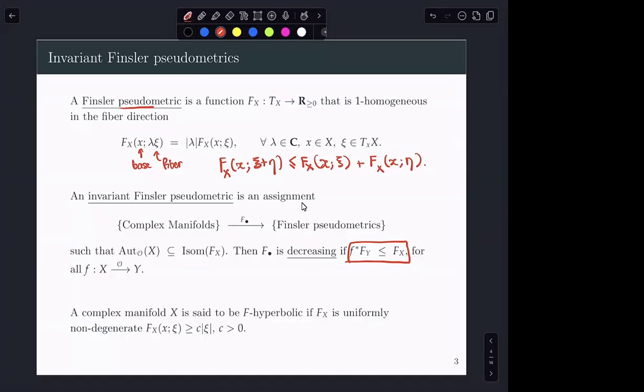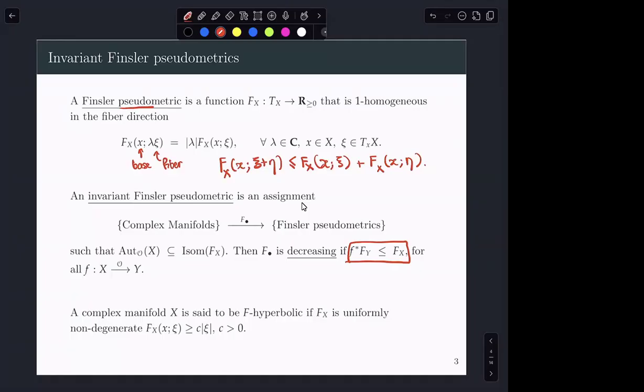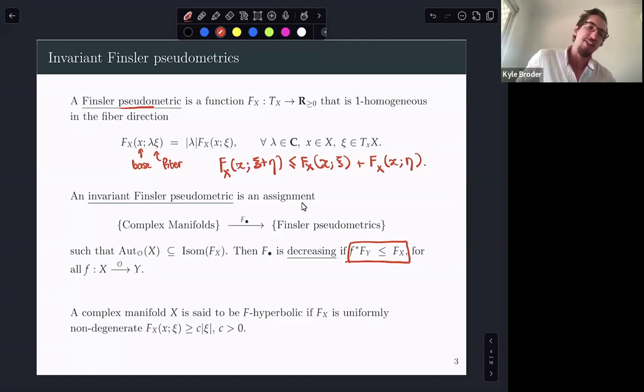So the answer is that if you want to study hyperbolic things, you need to study Finsler things. Well, one of the points of the talk actually will be yes and no. One of the main developments is a construction of an invariant Hermitian metric from any invariant Finsler metric. But that's coming.